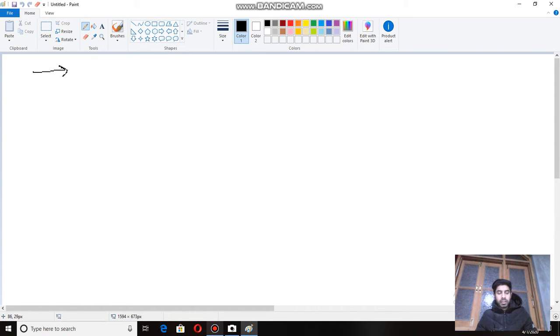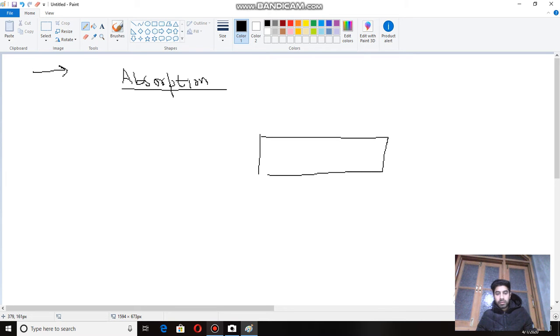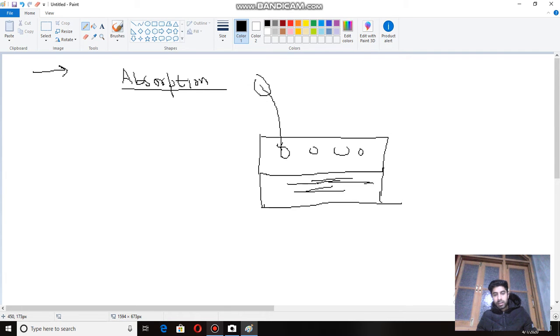See, in absorption, first one was AD, now it is AB, absorption. This is the process in which some foreign particle uniformly distributes over this surface as well as in the bulk.